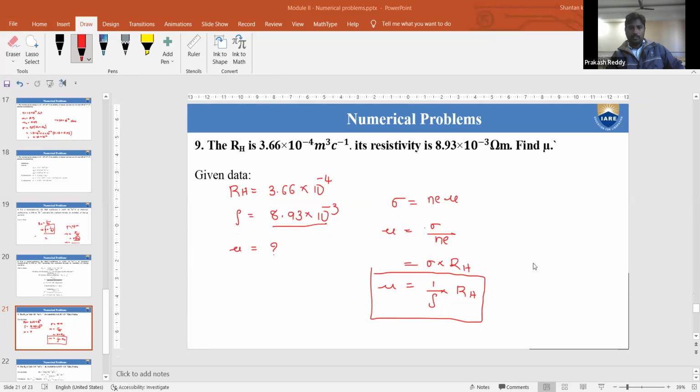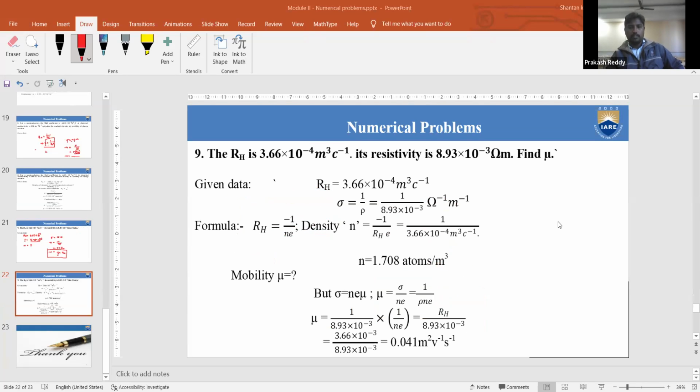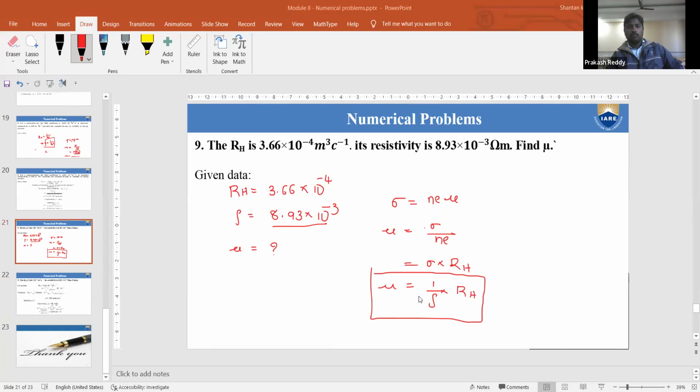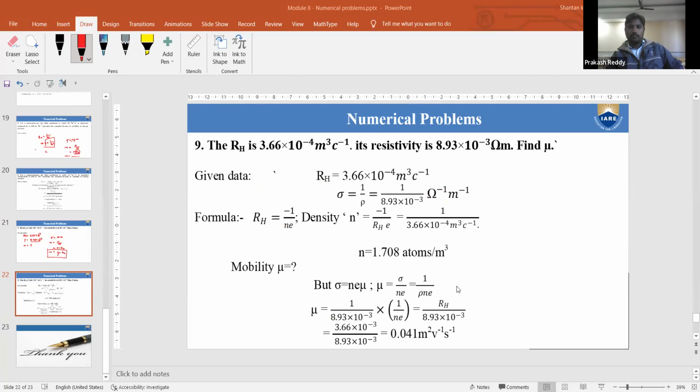See the answer: 0.041 meter square per volt per second. No need to use all these formulas directly. Take this formula: mu equals 1 by resistivity into RH, and get the answer directly.